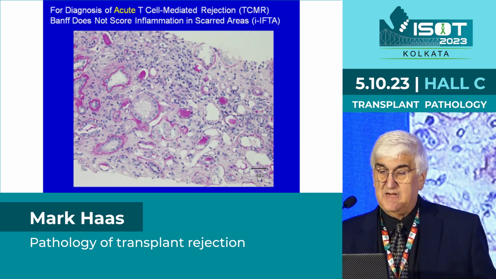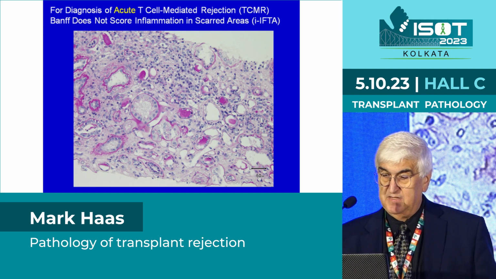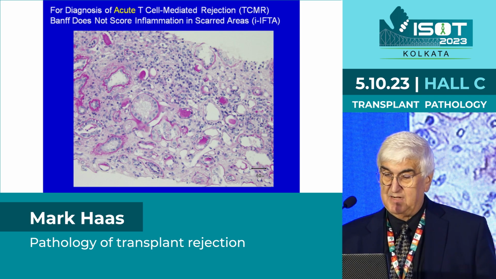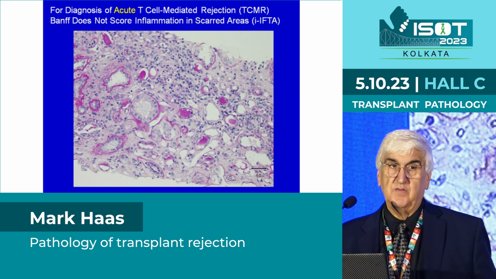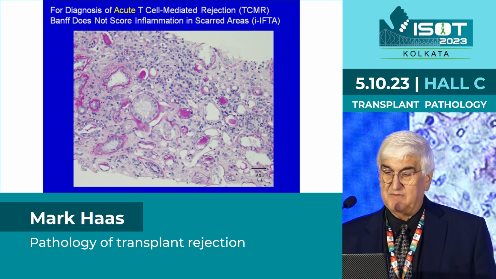So I mentioned here that for acute T-cell mediated rejection, Banff does not score inflammation in scarred areas where there's atrophic tubules and interstitial fibrosis and tubular atrophy. This would not count toward the 25% of the cortex that needs to be inflamed.